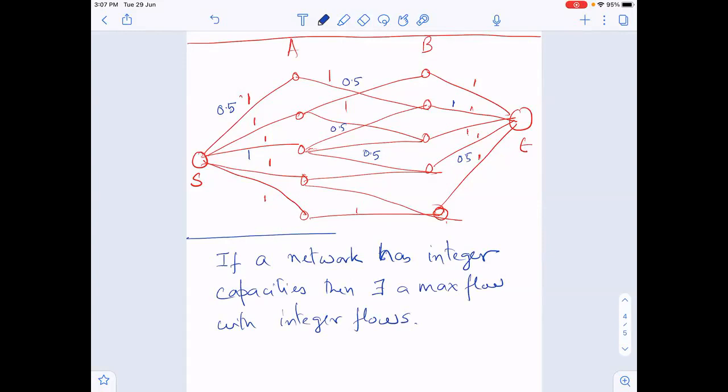Then there exists a max flow with integer flows.